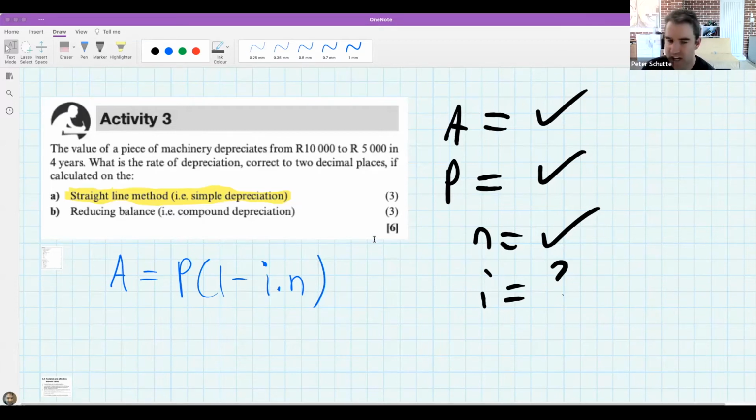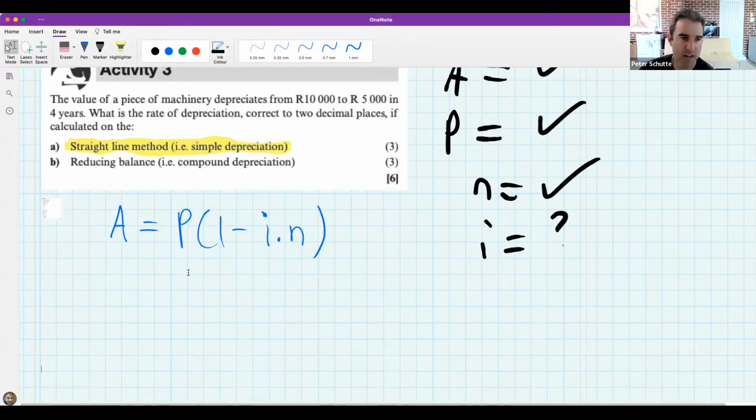There's actually a couple of ways you can do this. There's not actually one method. So we'll look at that now.